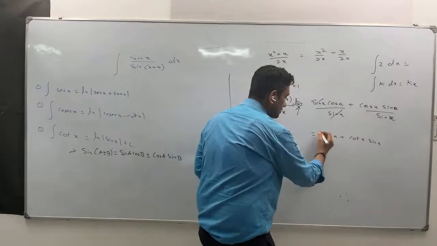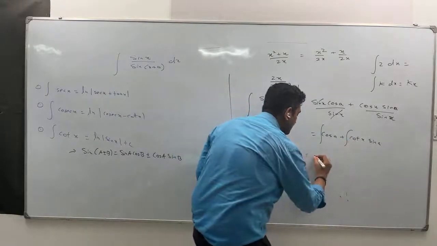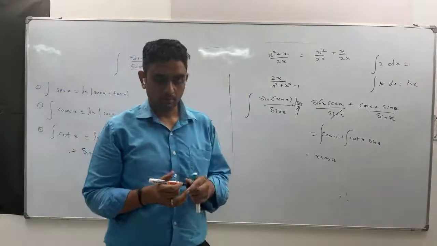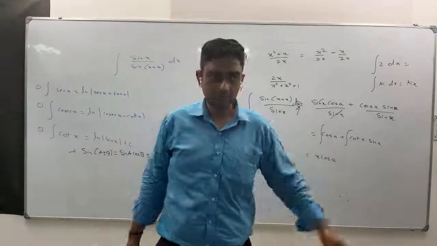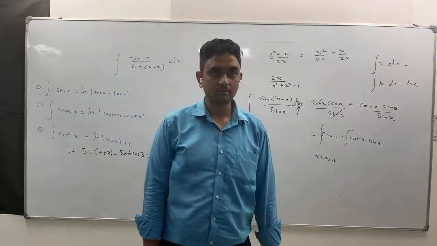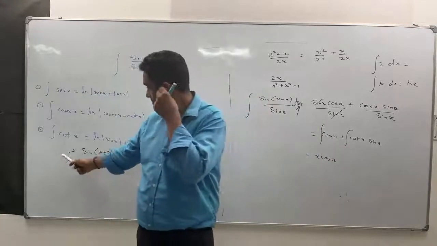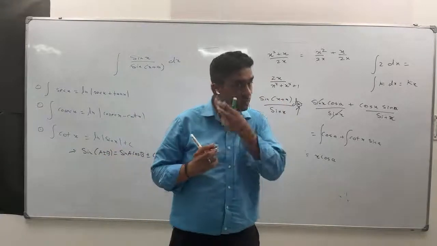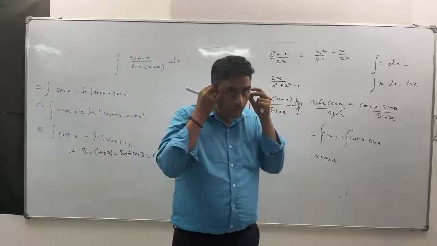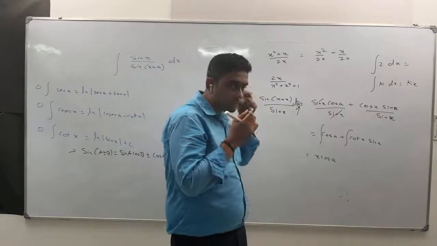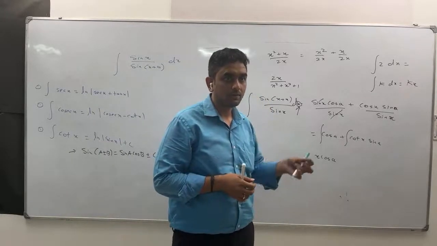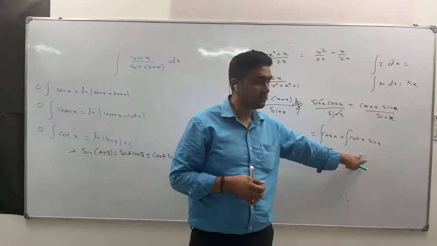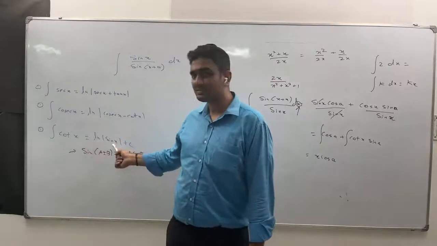So this is what you get. Now when you integrate it, the integral will be x cos a, and what will be the integral of the other part? Basically sin a is a constant, so the integral of cot x will be ln mod sin x.